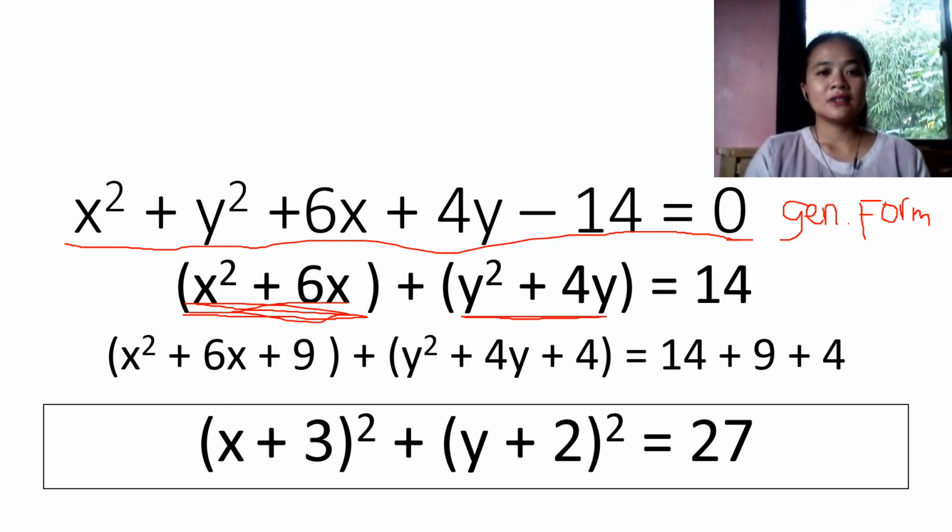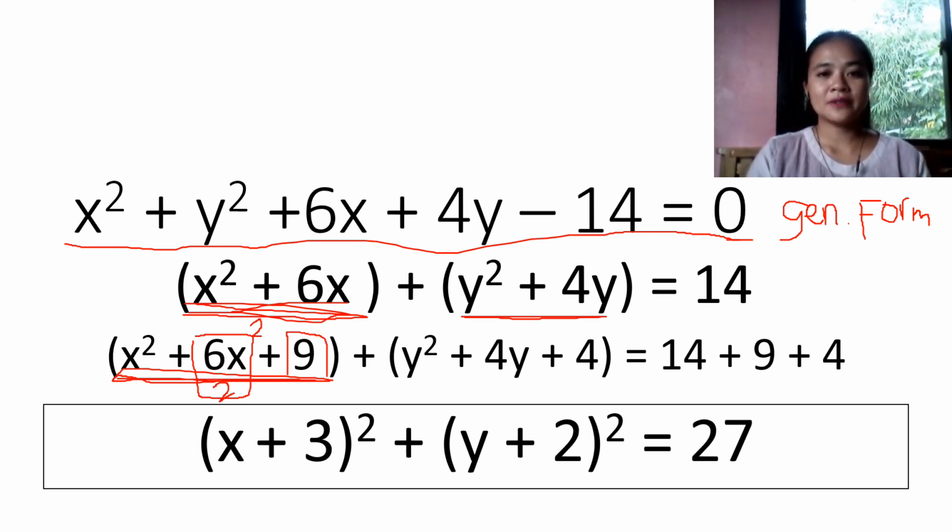Then next, completing the trinomial. How are we going to complete the trinomial? Again, 6x divided by 2. Only the second term is divided by 2, and after that we have to square. 6 divided by 2 is 3. Square 3, the result is 9.